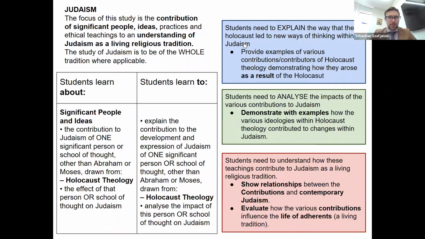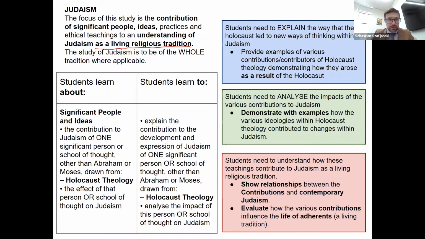So the focus of the Judaism depth study is the contribution of significant peoples, ideas, practices, ethical teachings to an understanding of Judaism as a living religious tradition. You see that we've bolded living religious tradition because we always have to look at the contemporary aspect of the religion and how that's being lived out.